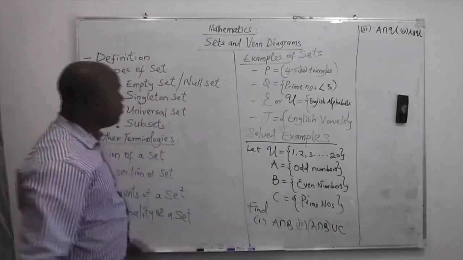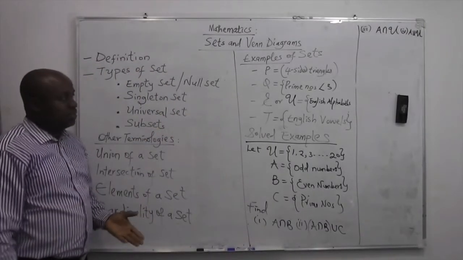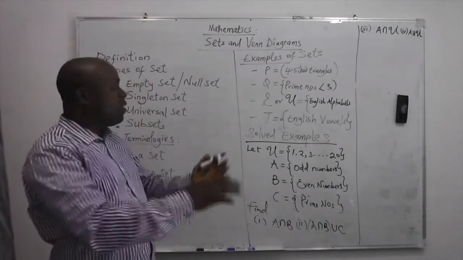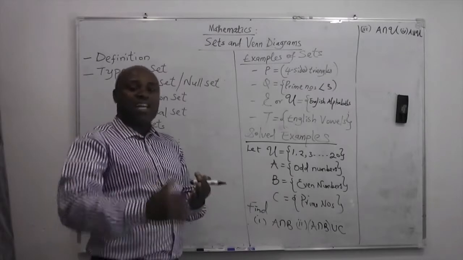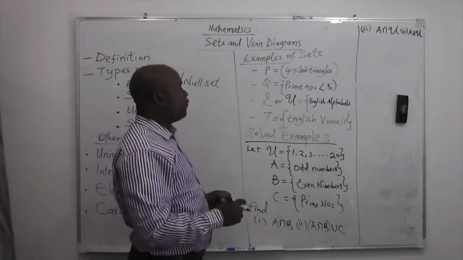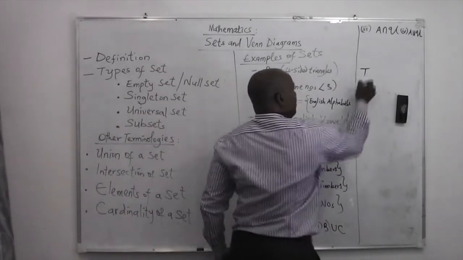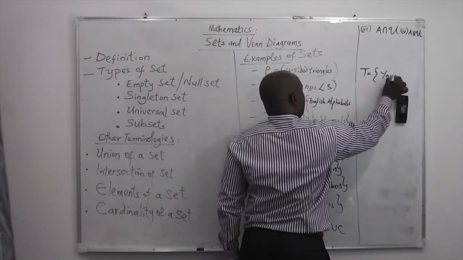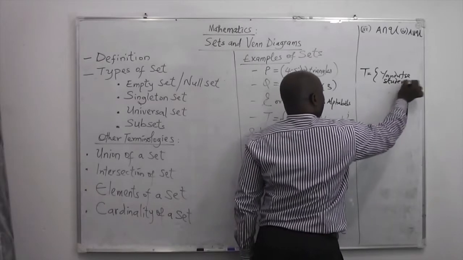Then we now come to what we call the universal set. A universal set is a set that encompasses every other thing that will be described later as part of that given set. What does that mean? If we have, for example, let's say T is equal to Yanduse students. What does this tell us?